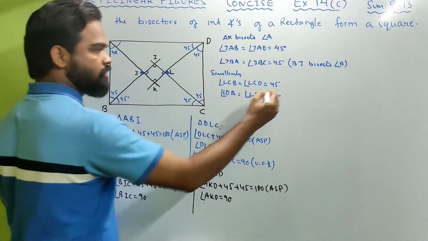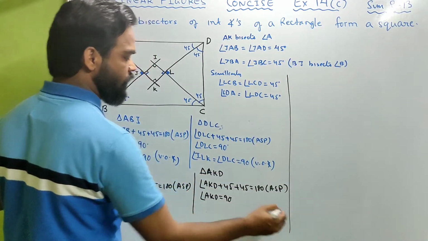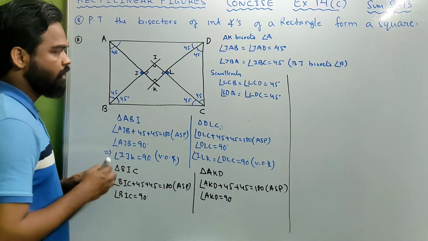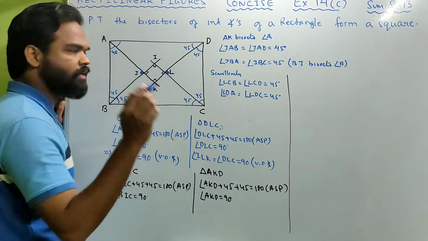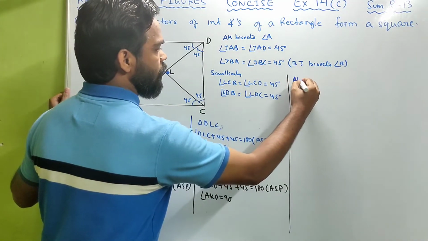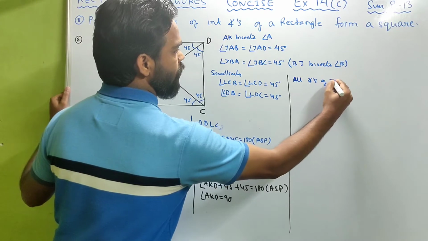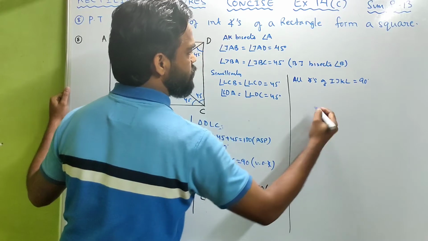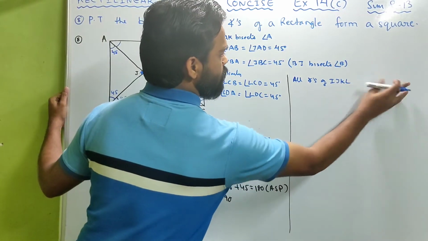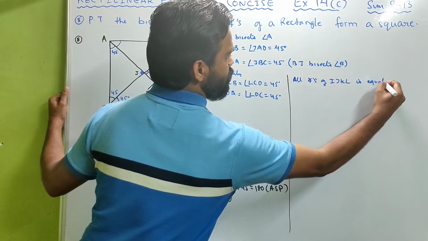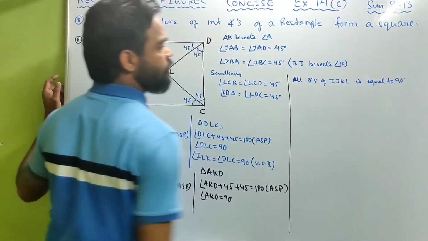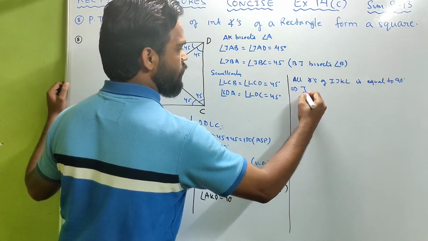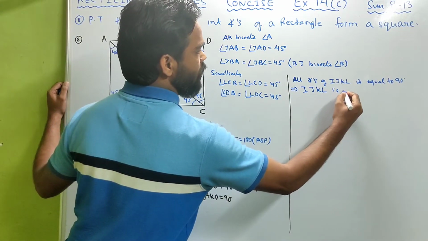So we just proved that all the angles in the quadrilateral IJKL are 90 degree each, which simply means that IJKL is a rectangle.